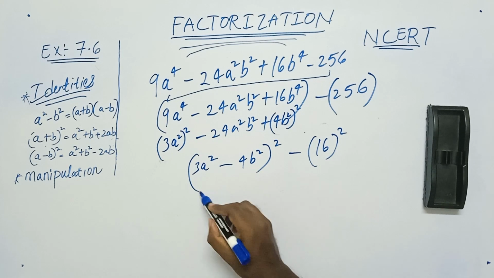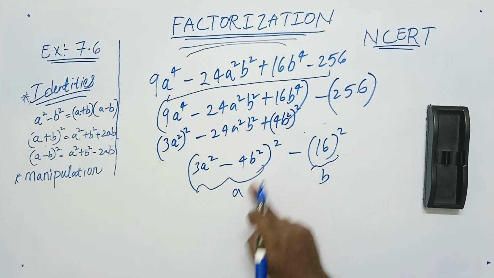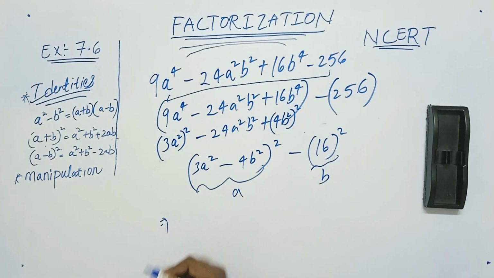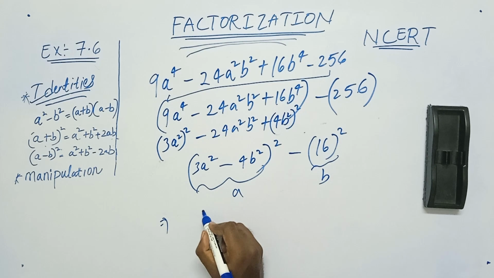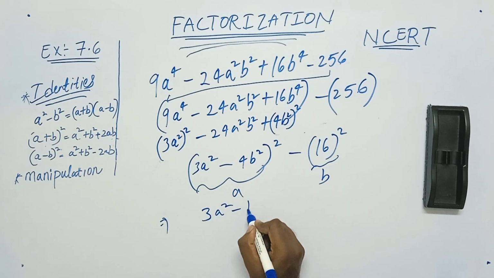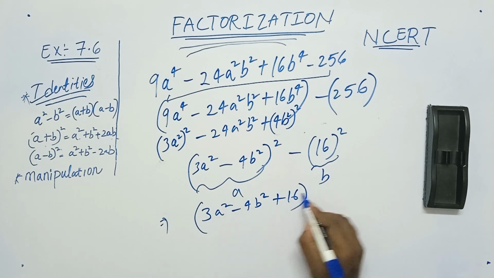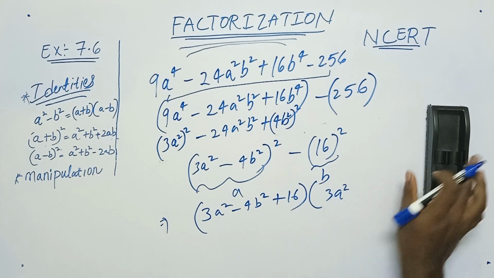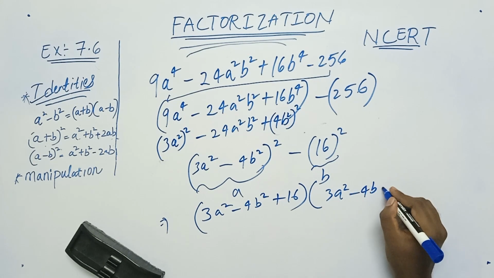Now if I take this as a and this as b, it looks like a square minus b square, which is a plus b into a minus b. Now I'm going to write this as 3a square minus 4b square plus 16 times 3a square minus 4b minus 16.